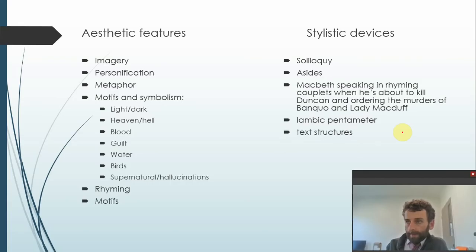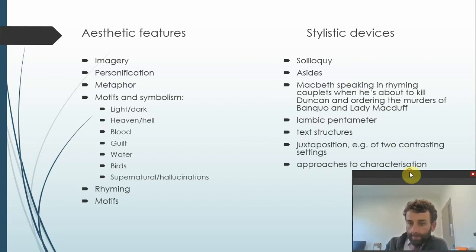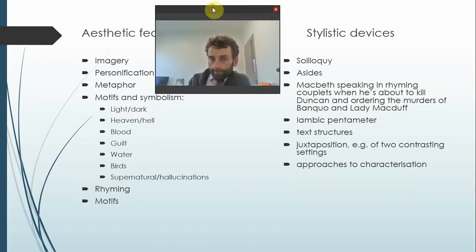So you've got a series of short scenes in Act 5 leading up to the murder of Macbeth. Juxtaposition, so for example, the contrasting of 2 settings. The juxtaposition of Lady Macbeth at the beginning of the play to the end of the play.